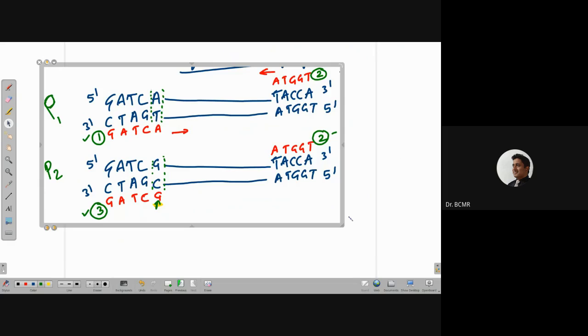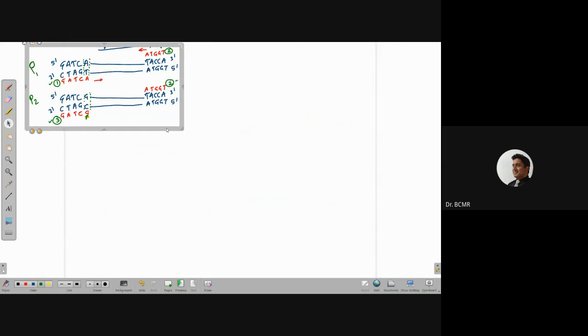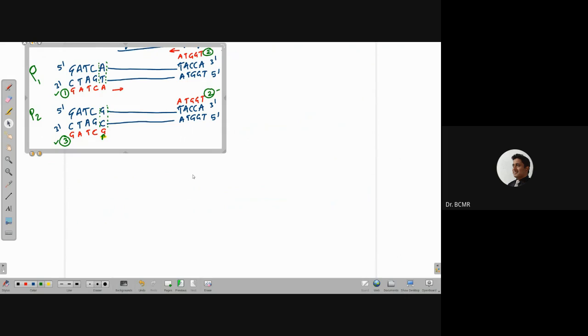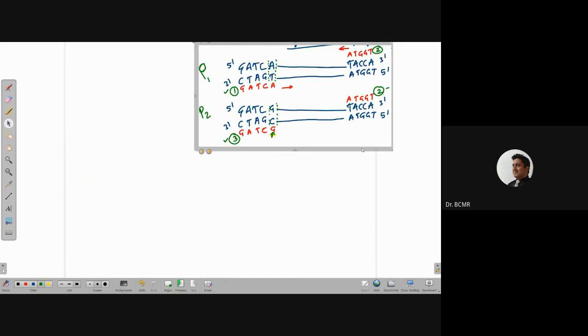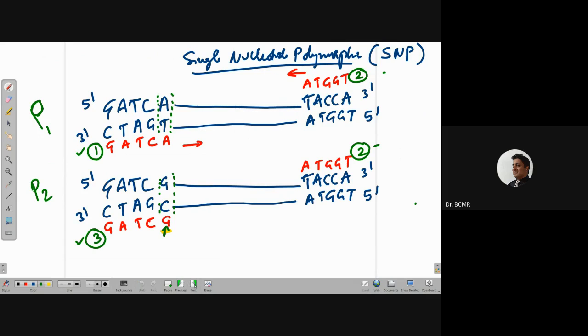Here is the experimental setup that we discussed. I'm putting it here as a quick reference.